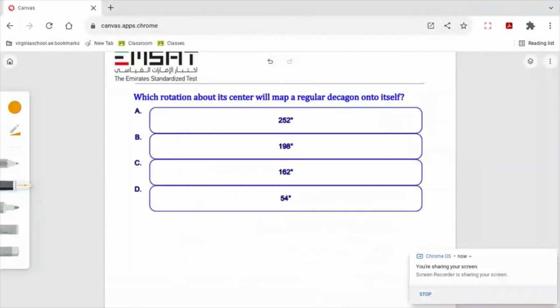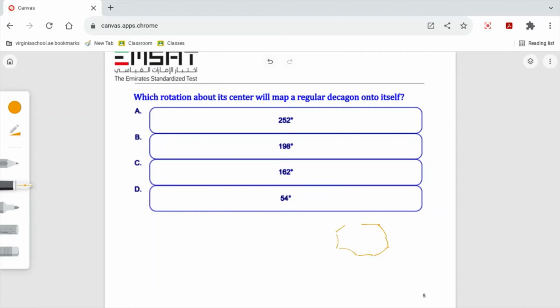Which rotation about its center will map a regular decagon? A decagon is a plane figure which has 10 sides. Each side is equal in measure: 1, 2, 3, 4, 5, 6, 7, 8, 9, 10. We will cover a complete rotation of 360 degrees.